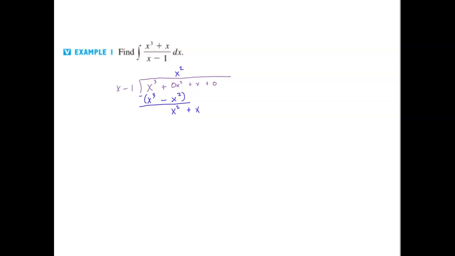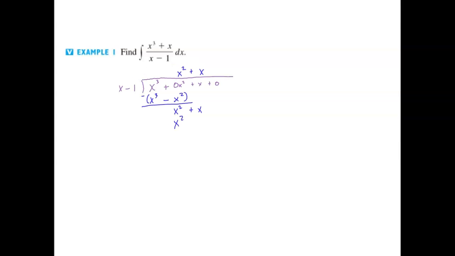And that is, of course, just x, right? And then I do the process over again. I'm going to take that x and multiply it by my divisor. So x times x is x squared. X times negative 1 is negative x. And I subtract. Make sure you put parentheses around this so that you remember to subtract both terms.